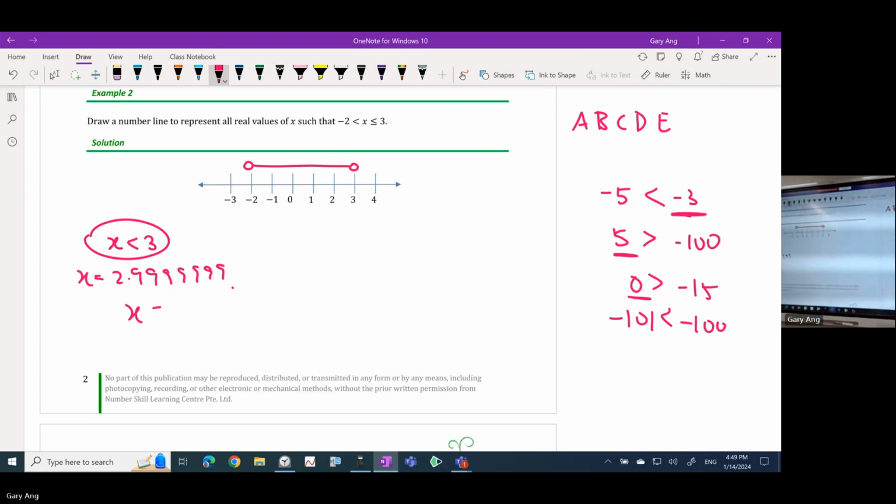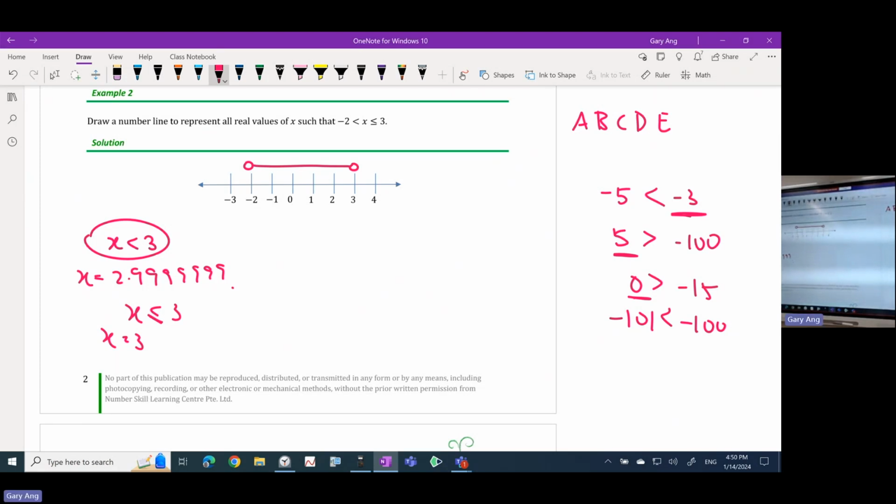Compare this with this. What is the biggest possible value for x now? 3. x can be equal to 3, but it also can be smaller, of course. Understand? So this one more line tells you that it's inclusive.